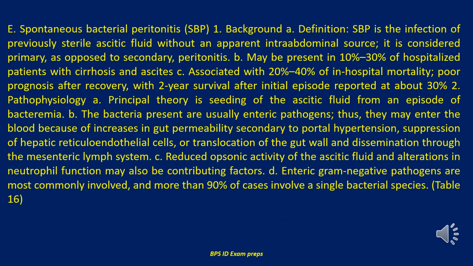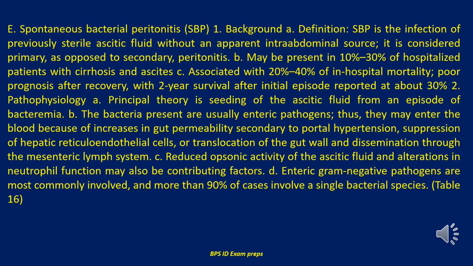We will now shift gears to spontaneous bacterial peritonitis, abbreviated as SBP. 1. We will begin with a background. As a way of definition, SBP is the infection of previously sterile ascitic fluid without an apparent intra-abdominal source. It is considered primary, as opposed to secondary, peritonitis.